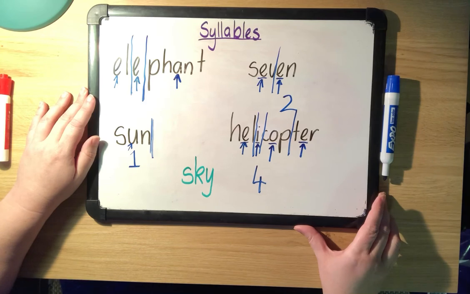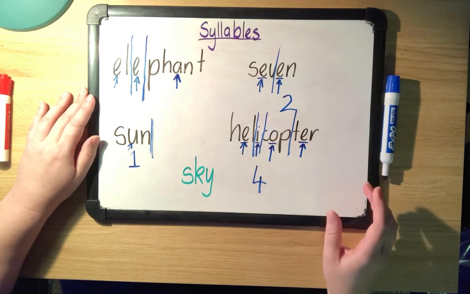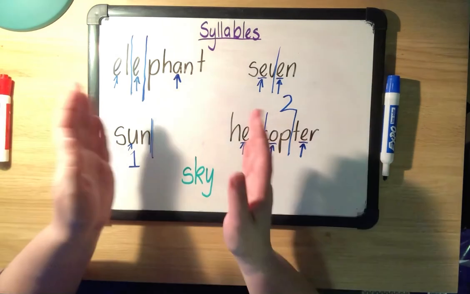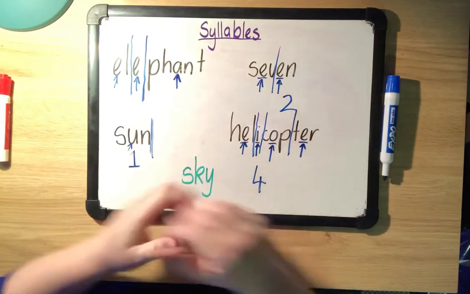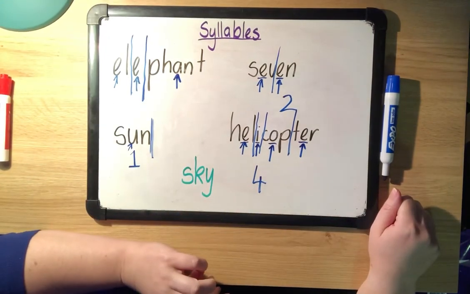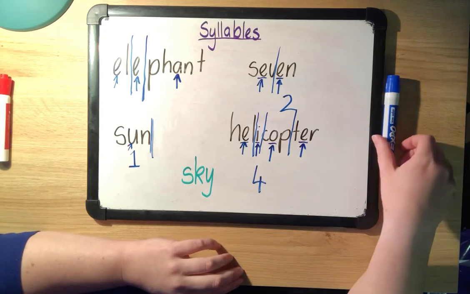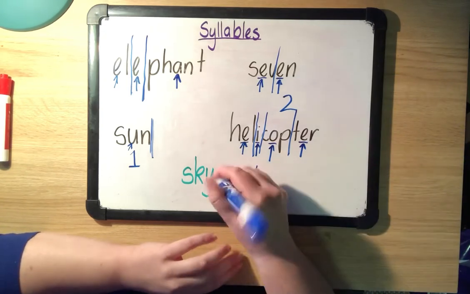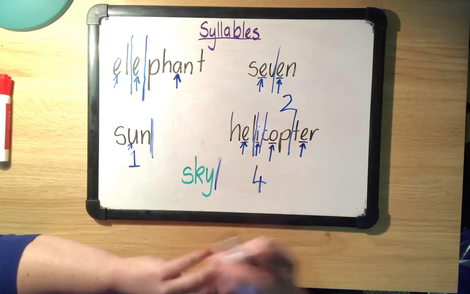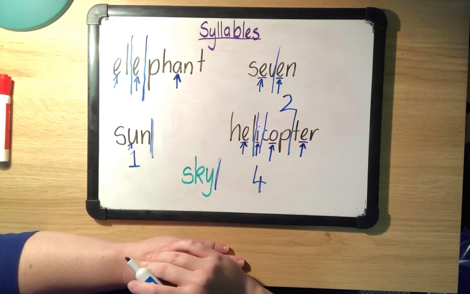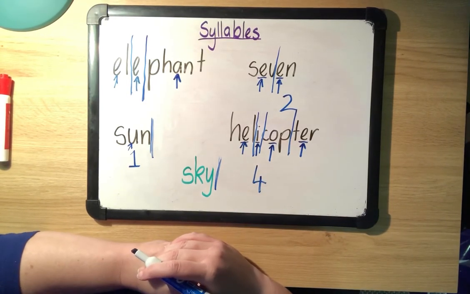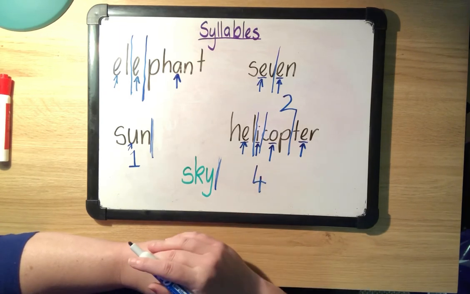Sky. Let's clap it. 3, 2, 1. Sky. How many syllables are there in the word sky? Good job. You're right, there's 1. I'm going to put my line here to show that that's our 1 syllable. In the word sky, there should be 1 vowel or vowel sound.